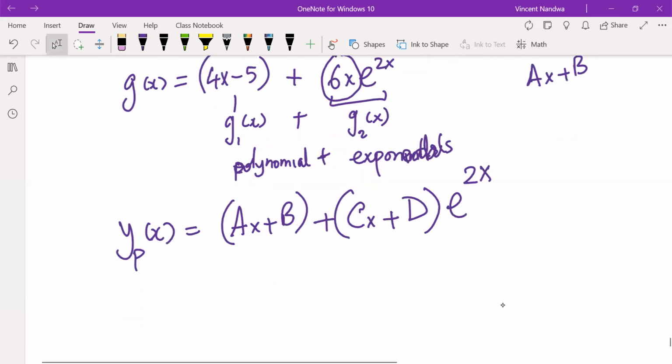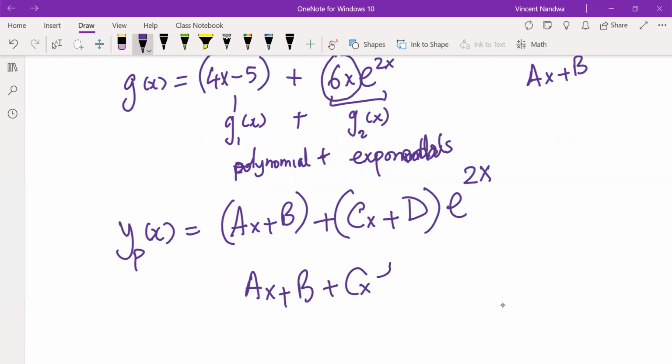So this would be the same as ax plus b plus cx e raised to power 2x plus d e raised to power 2x. And then you solve for a, b, c, and d.